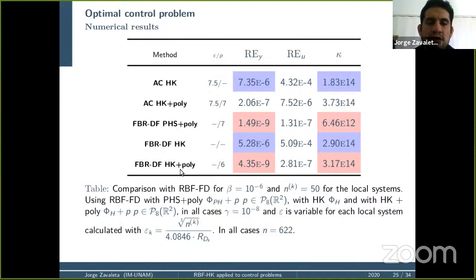So we can also use polynomials with hybrid kernels to attain the same accuracy as polyharmonic splines. So we have two ways to bound the condition number and also have high accuracy in these methods.